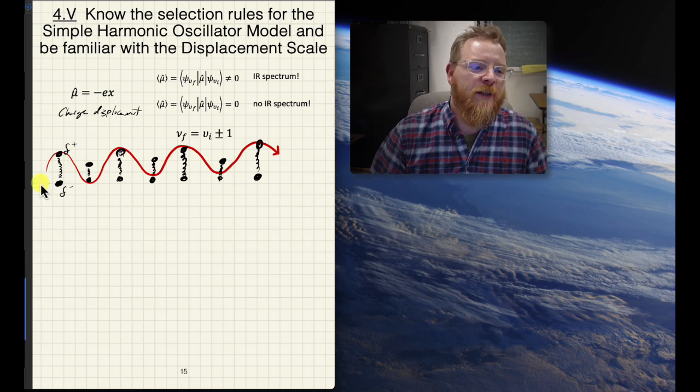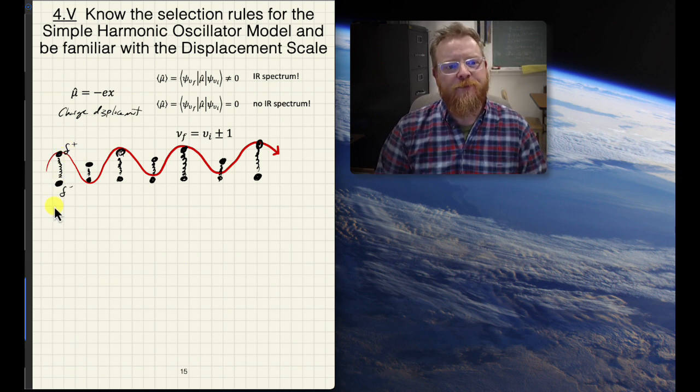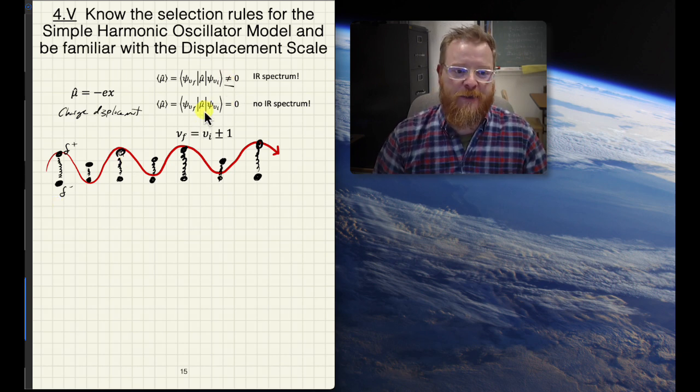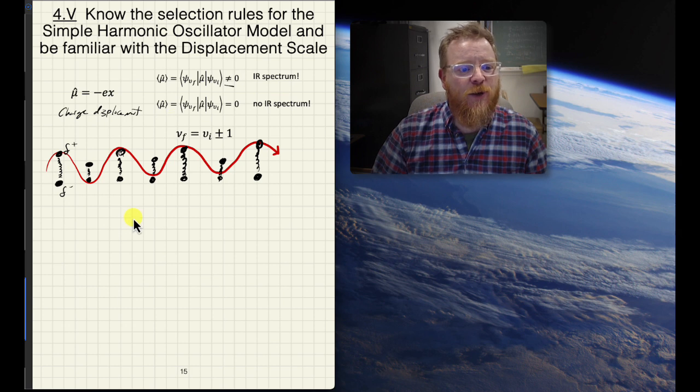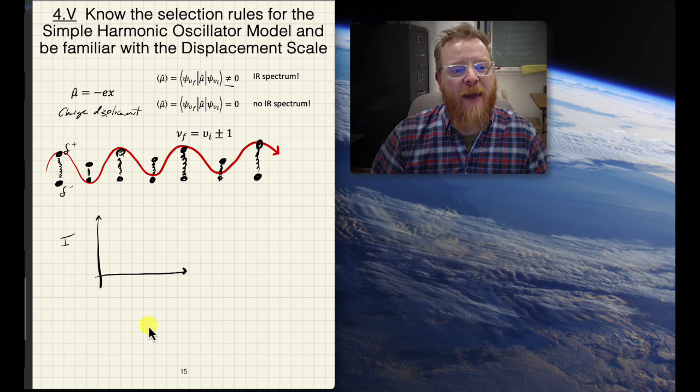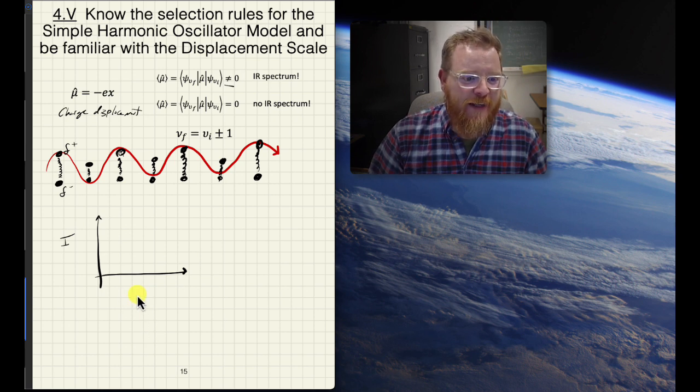Could be partially negative on the top, partially positive on the bottom. Then that will give us this IR spectrum, okay? And so now if we were to go and look at what the IR spectrum would look like, we'll have intensity on the y-axis and frequency on the x-axis that I'll note as omega, right?